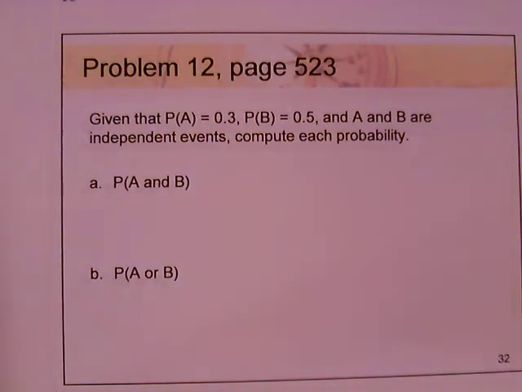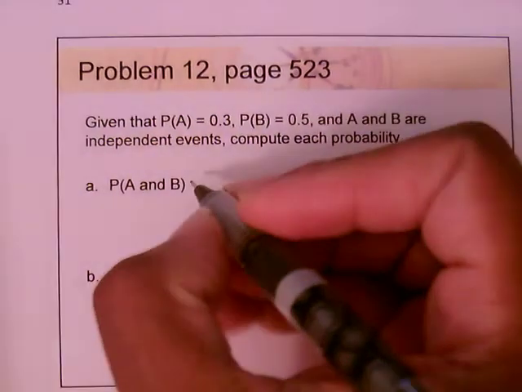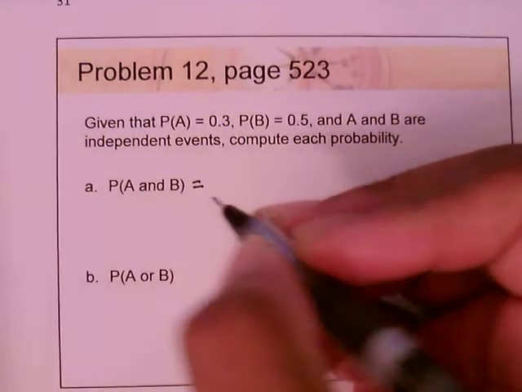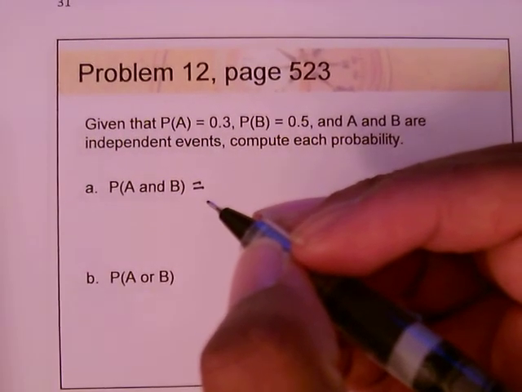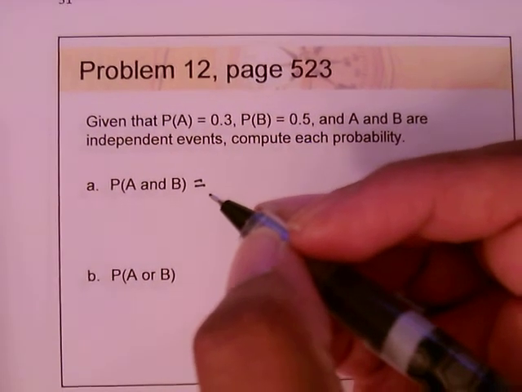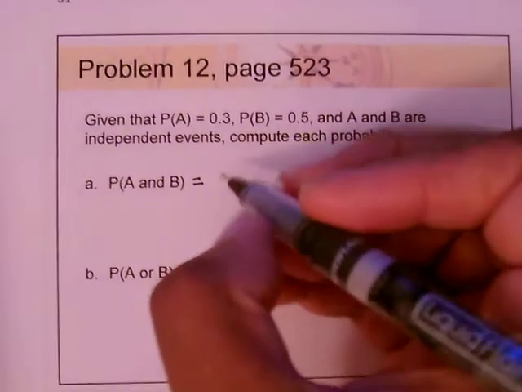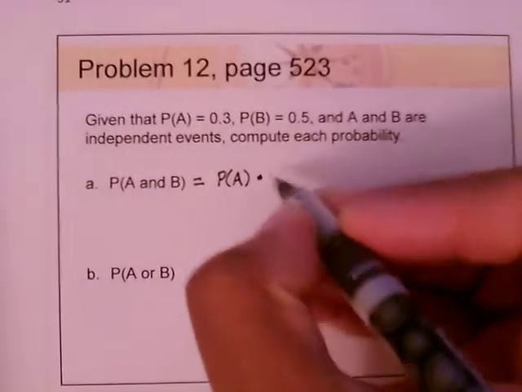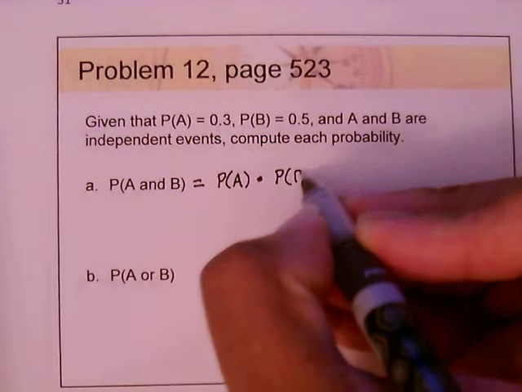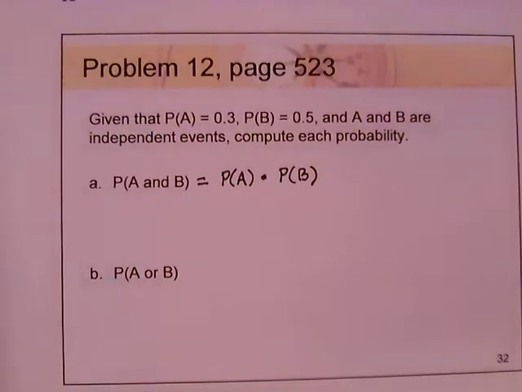So let's start with part A. The probability of A and B. So, that formula, if we write that out, it'll be the probability of A times the probability of B. And that's because A and B are independent events.